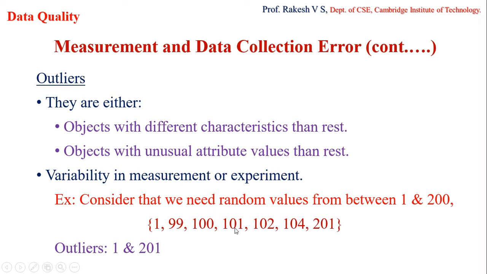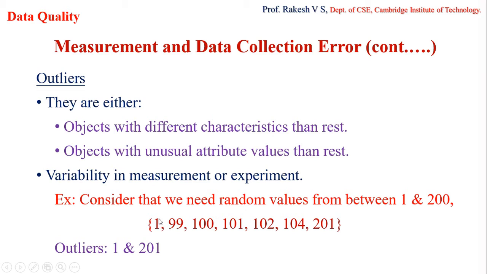These values have similar characteristics because they're very close to each other, either in terms of distance or the number of differences between the numbers. Their differences are very much less. But when I consider the difference between these two numbers, it is very much more, right? So I can consider this one also as an outlier with respect to the first characteristic represented here, that is, objects with different characteristics than the rest.